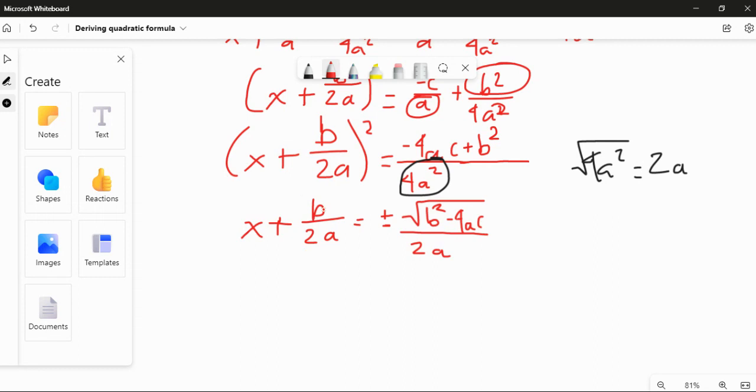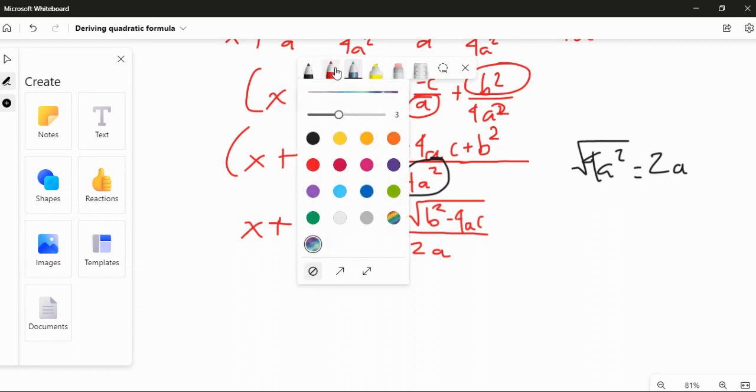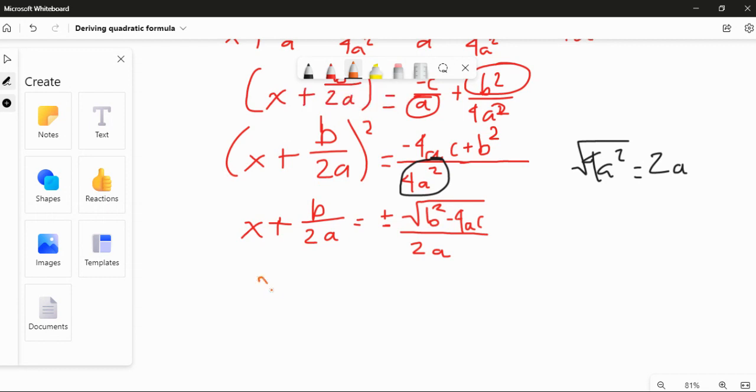Now our final step is solving for x. So x is equal to negative b over 2a plus or minus the square root of b squared minus 4ac, all over 2a.